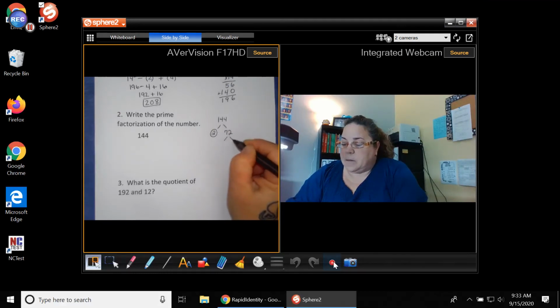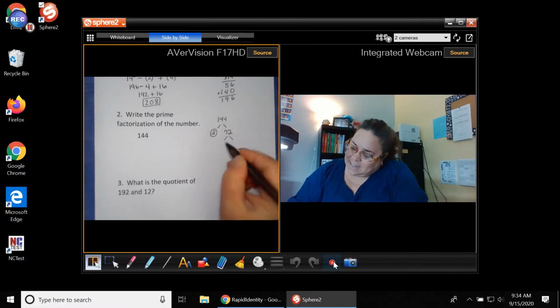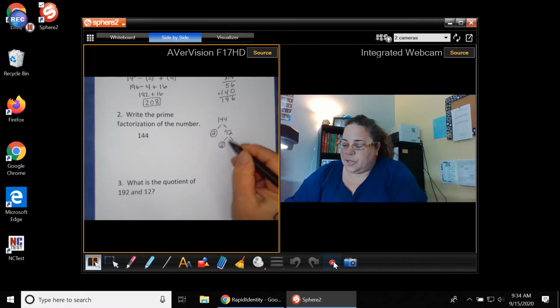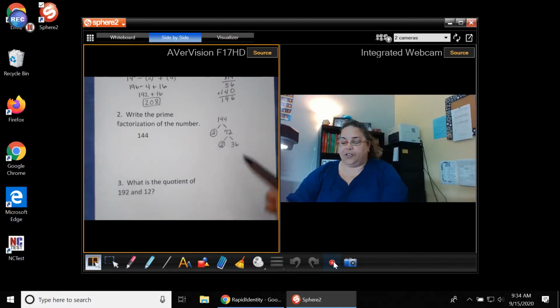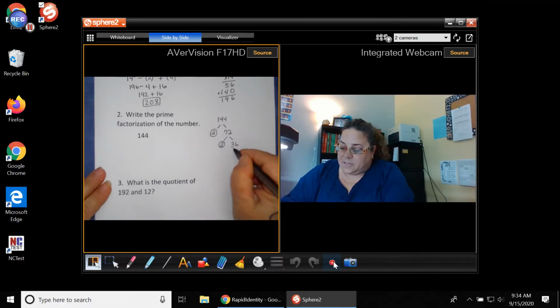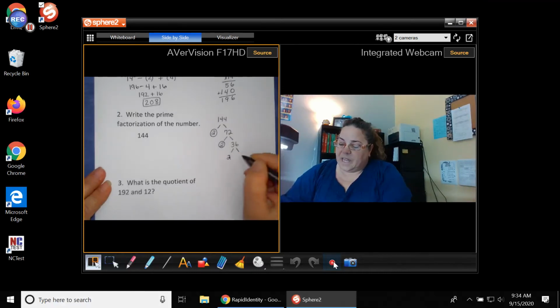And again, my number is even, so I know that I can use a 2. 2 goes into 72 36 times. Again, that branch is done. So now I do the 36. Again, it's still even, so I know that I can use a 2. And 2 goes into 36 18 times.